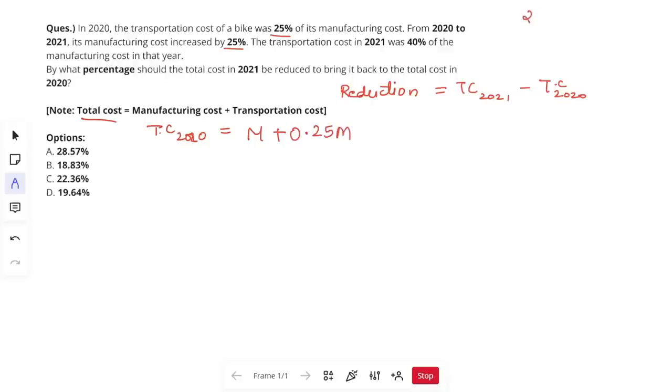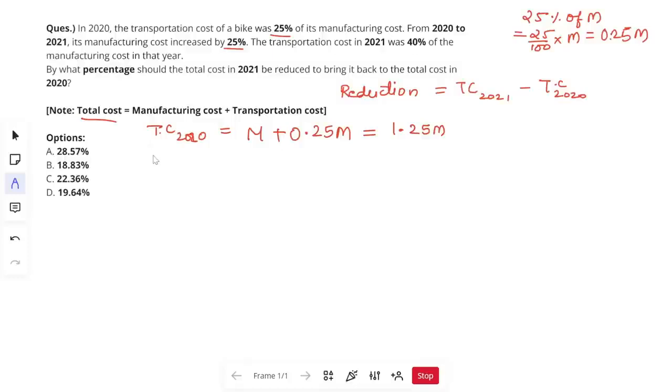That is 25 divided by 100 into M, which is 0.25 M. Now this is the total cost in 2020. So if we simplify it, we will get 1.25 M.